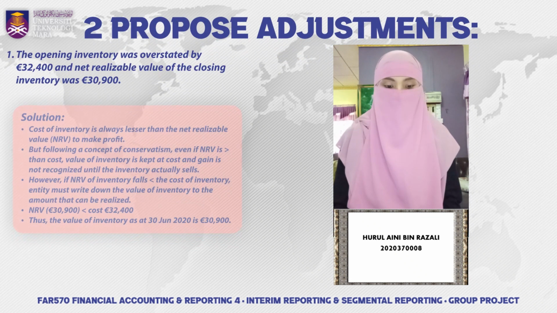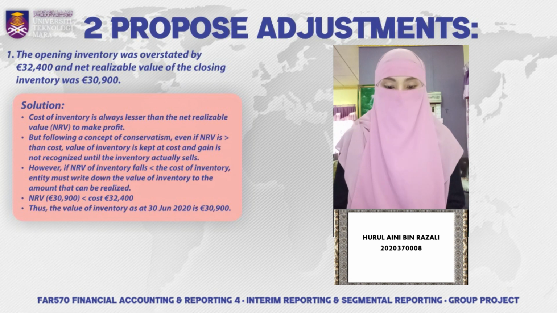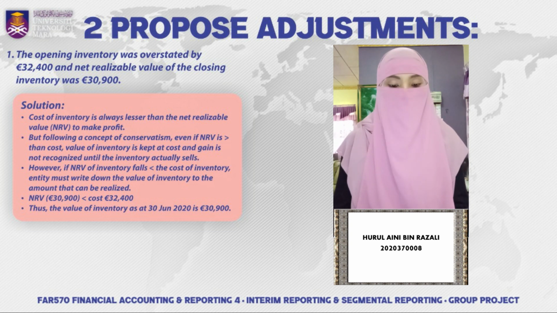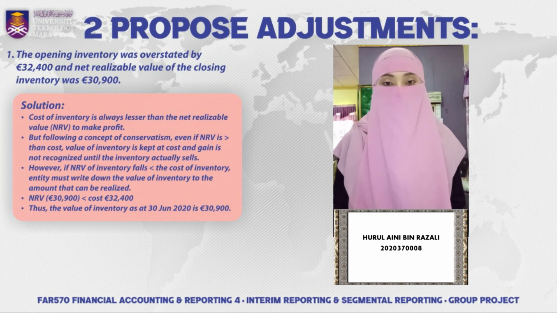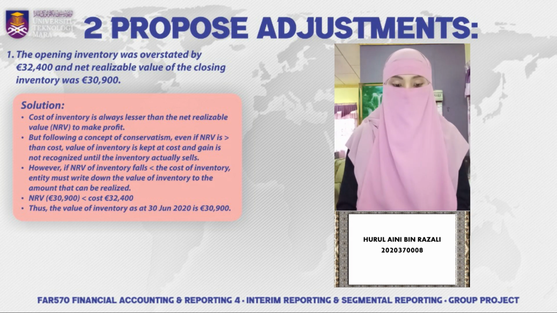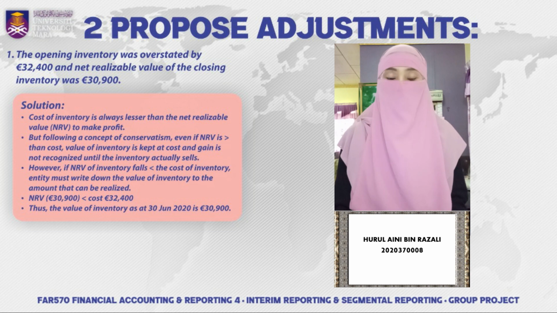Number 1: the opening inventory was overstated by 32,400 euro, and the net realizable value of the closing inventory was 30,900 euro. For the first solution, the cost of inventory is always lesser than the net realizable value (NRV) to make profit.